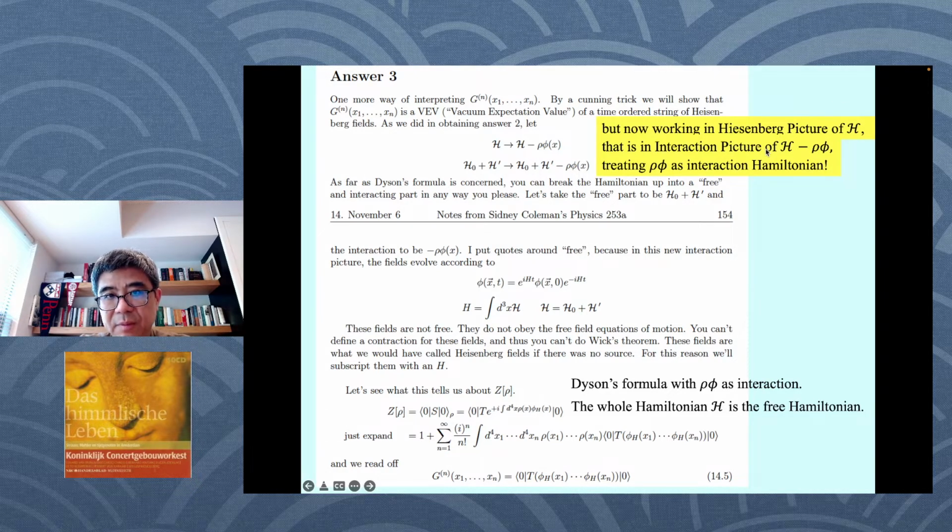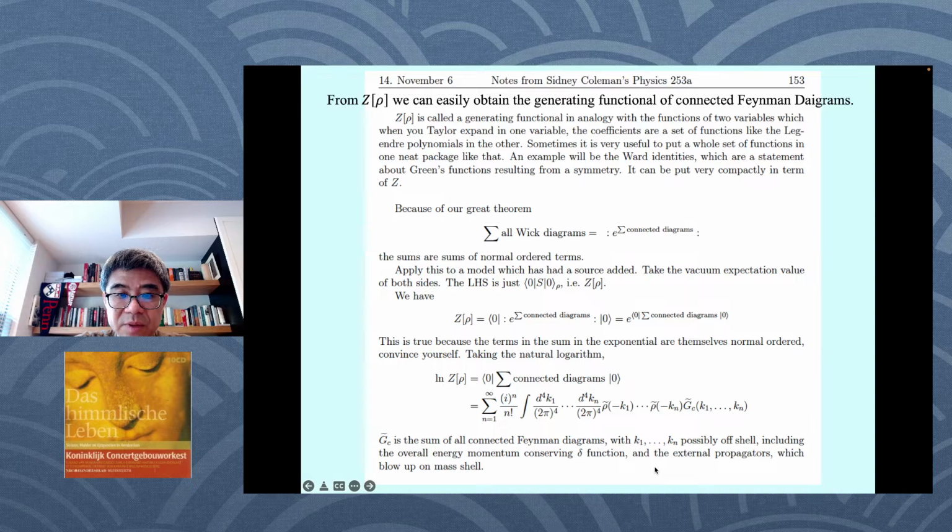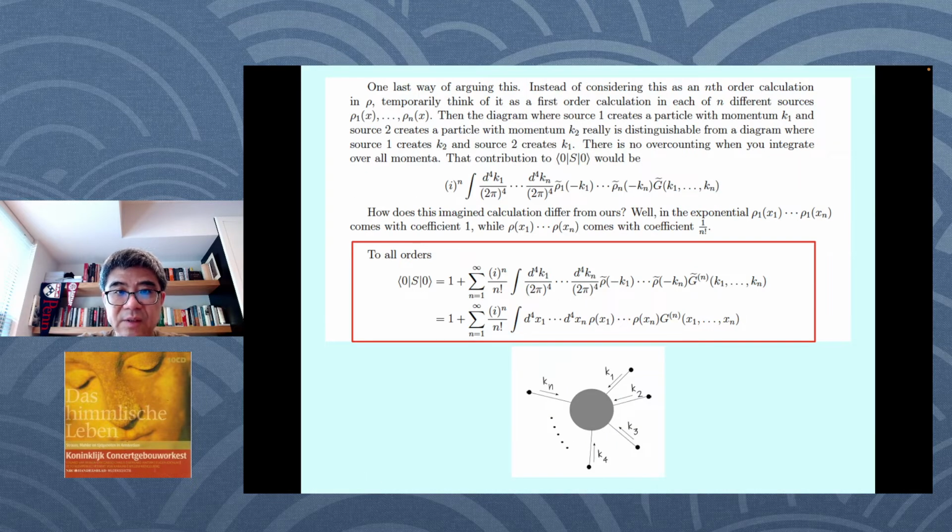Presumably they should be the same. If they are the same, then we can calculate this complicated, abstract, but very useful Green function in terms of Feynman diagrams. That's the key idea.